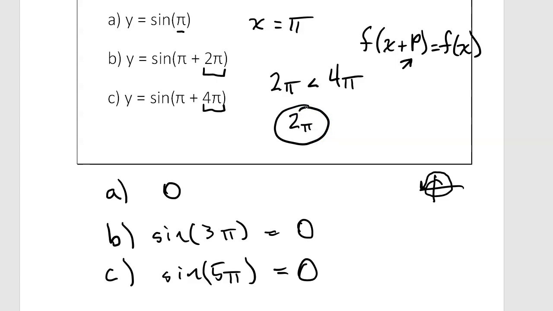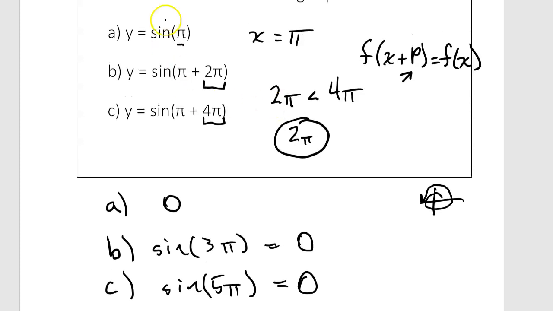One note that I will say about this example is that there's actually another number that we could add for this specific example where x is pi. There's another number that I could have added that's not a multiple of 2 pi, and I would have gotten the same answer.